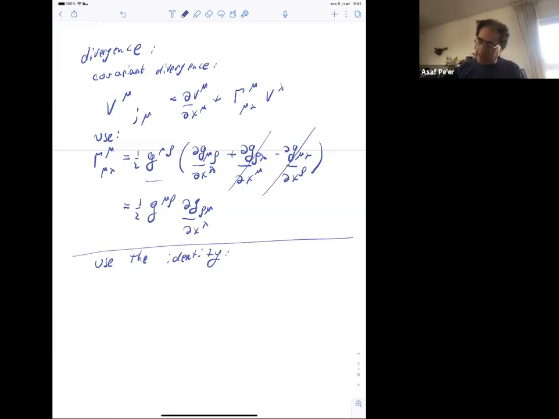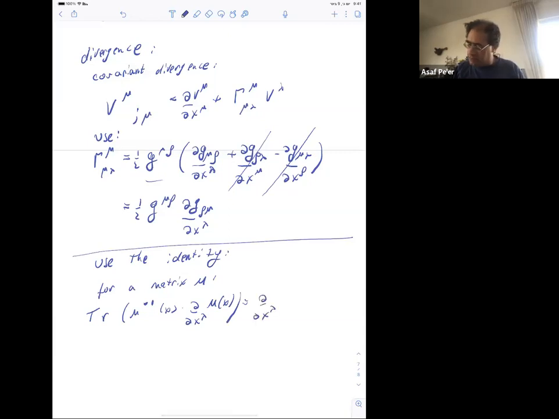If you have a matrix M, the trace of M inverse times d over dx lambda of M of x is d over dx lambda of ln of the determinant of M. M can be a function of x. This is a mathematical identity which I'm using.